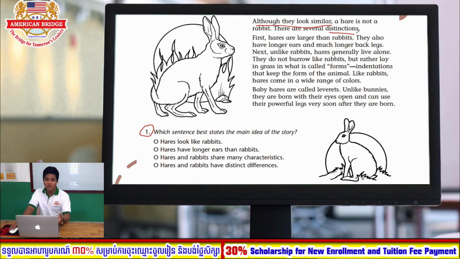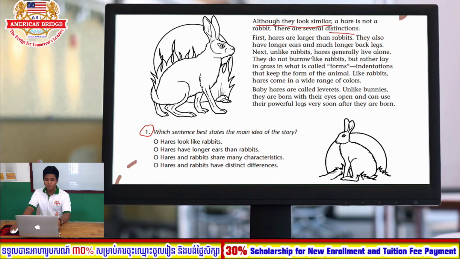So these are the first sentence and the main idea. And it is also the answer to this first question. So hares look like rabbits. Hares have longer ears than rabbits. Hares and rabbits share many characteristics. Hares and rabbits have distinct differences, right?